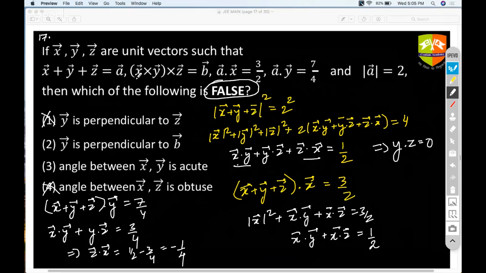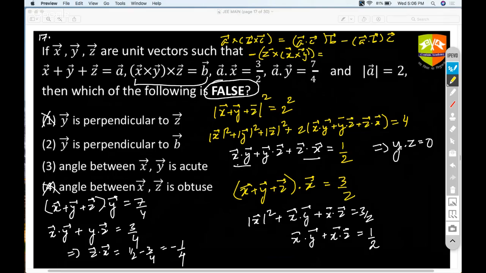Now, I haven't yet used this particular expression. So we all know the vector triple product. When we say A cross B cross C, what is the formula for that? A dot C times B vector minus A dot B times C vector, right? So in this case, I can write this as negative of Z cross X cross Y. Let me make some space for myself.